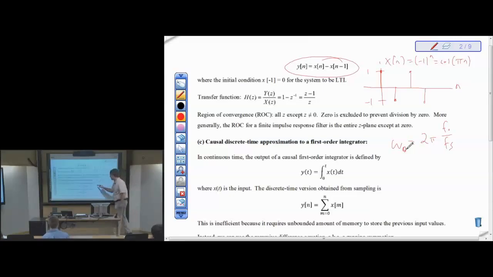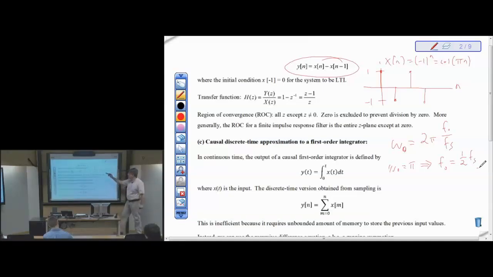One half fs. So omega of pi corresponds to f naught equal to half fs. Now remember, this is a frequency that we don't always capture in sampling. We'll talk about that later in the lecture 4 slides. Sometimes we actually do get this one, and we'll talk about when that happens. It's interesting. So this is the highest discrete-time frequency possible.